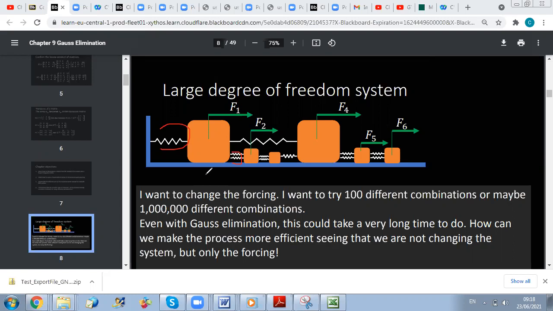Why? Because what will change is only the right-hand side vector, but the matrix A, on which we perform forward elimination, will not change. By taking this into consideration, we can come up with a technique that will allow us to find the solution in a more efficient way. And you will understand this at the end of this chapter.